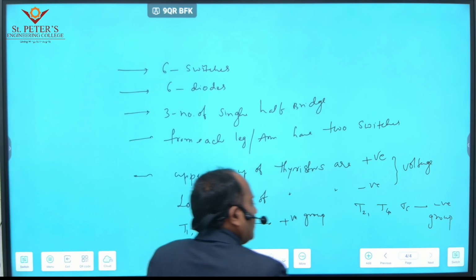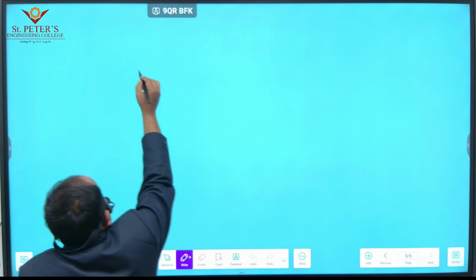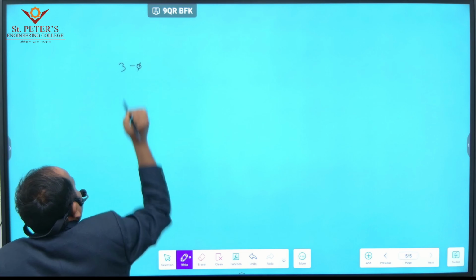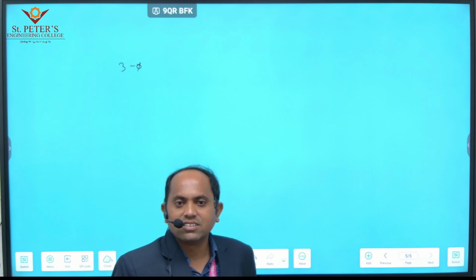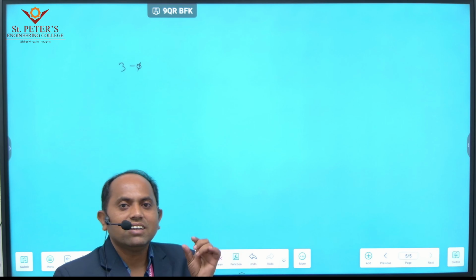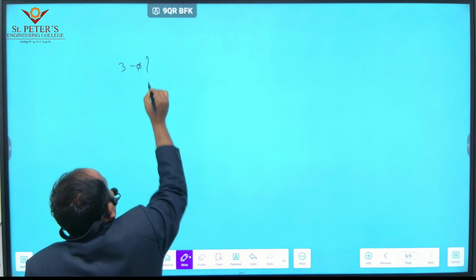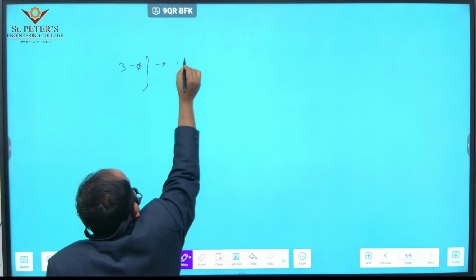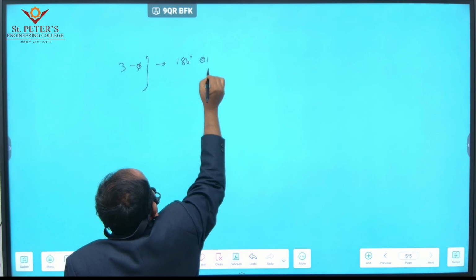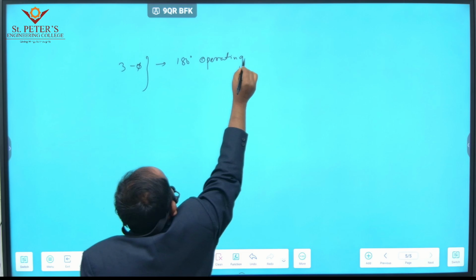Next, the three phase bridge inverter may be operated in two different modes, depending on the output voltage and the switching state of the thyristors. The first is the 180 degrees operating mode, and the second is the 120 degrees operating mode.